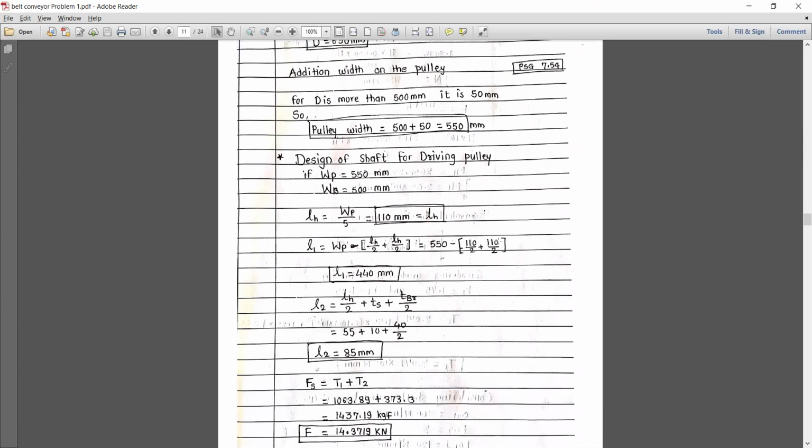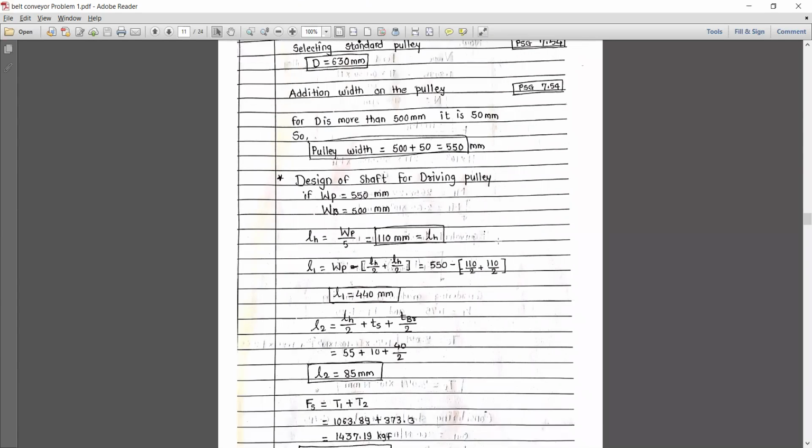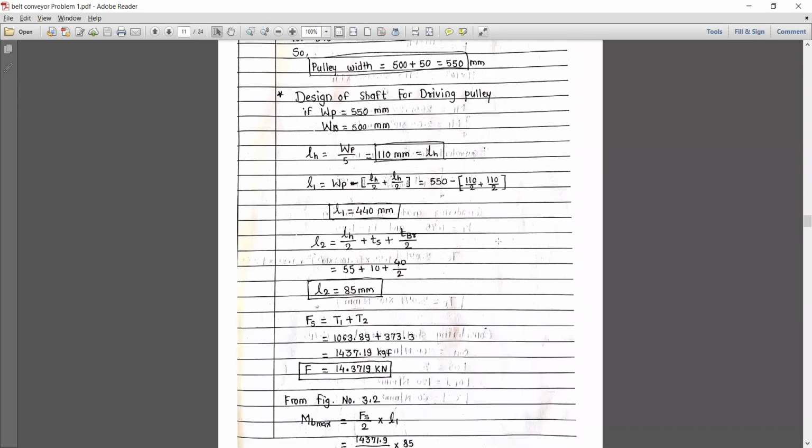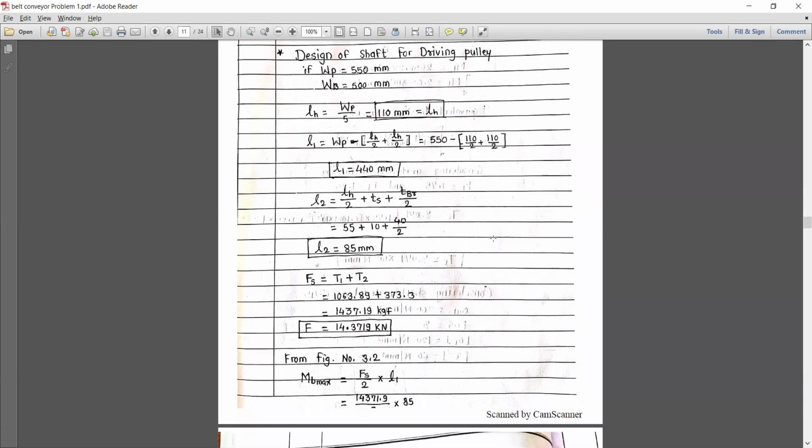Now next, go to the design of shaft. Design of shaft for driving pulley. If the width of pulley is equal to 550 and the width of belt B is equal to 500, then LH is equal to WP by 5, which we have already considered.